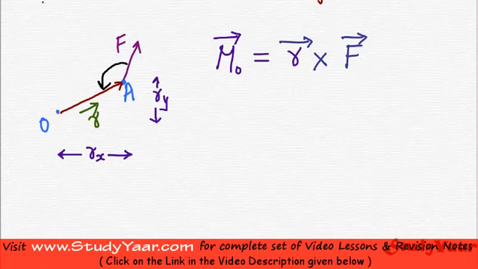We are talking about these lengths. Now that I have my Rx and Ry, I can write my R vector as Rx i plus Ry j. Correct?